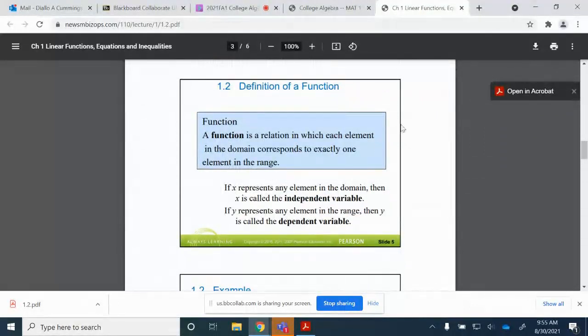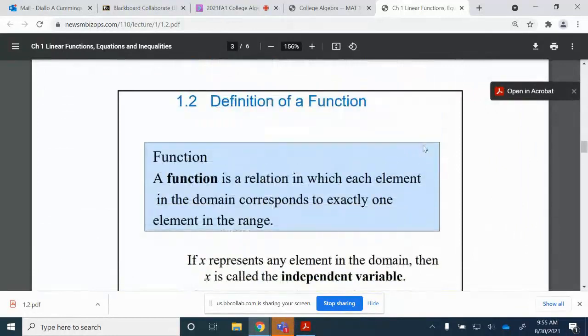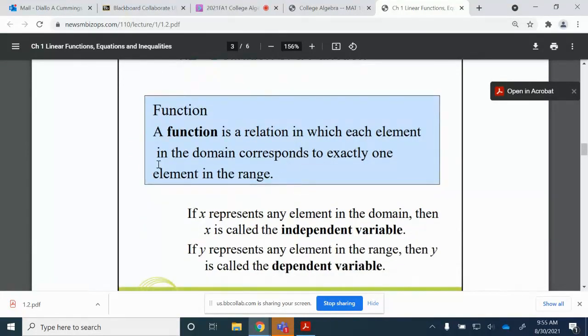Next we're going to talk about a function. By definition, a function is a relation in which each element in the domain, so these are your X coordinates, corresponds to exactly one element in the range. Right, so the range would be your Y coordinate.